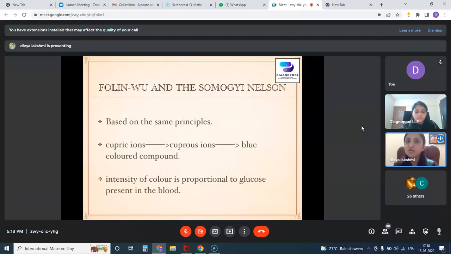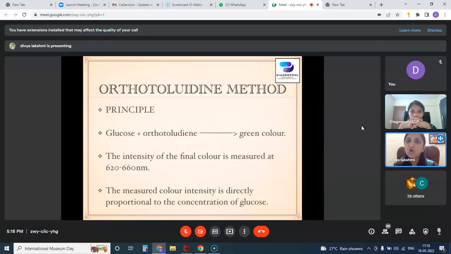The Folin-Wu and Somogyi-Nelson methods have the same principle: cupric ions are converted into cuprous ions to form a blue colored compound that is measured by the wavelength produced, which gives the estimated glucose. Similarly, in the orthotoluidine method, orthotoluidine with glucose produces a green color.